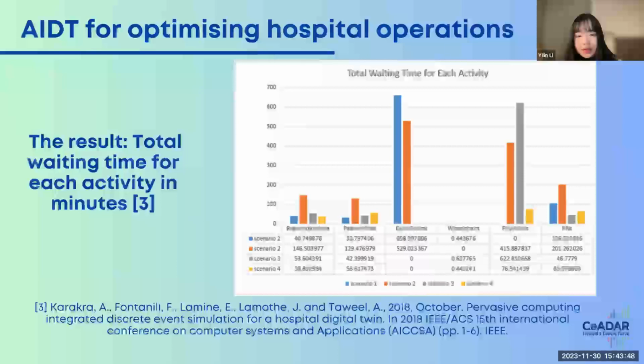So you can see here, after implementing the hospital digital twin model using discrete event simulation and IoT data, they can observe some transformative results. The model provides a dynamic and interactive visualization of the hospital operation and allows us to gain valuable insight. As shown in this figure, we can understand how long patients wait in the treatment pathway.